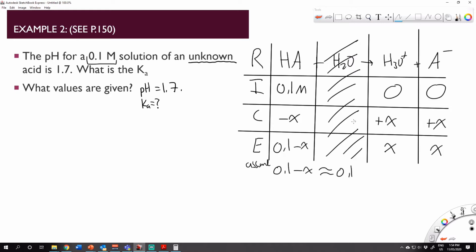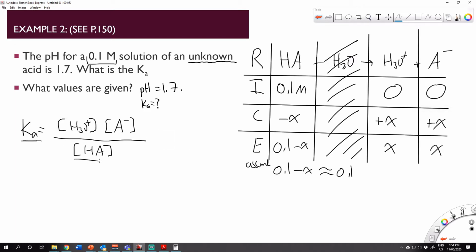All right, so we fill in our table with the information we are given. We know that to calculate Ka, it's going to be the concentration of the products, so in this case, our hydronium concentration times our conjugate base concentration divided by the concentration of the weak acid. We don't know Ka because we're asked to find it.